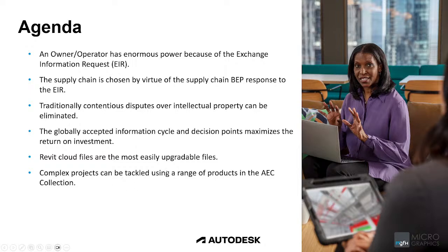And then complex projects can be tackled using a range of products in the AEC Collection. As you'll see, the AEC Collection, again, it's Autodesk software, and the entire conversation is about why should you as an owner operator, as a corporate, as a government, why should you take a hand and perhaps on a project stipulate the specific software that should be used, and why should it be Autodesk software?